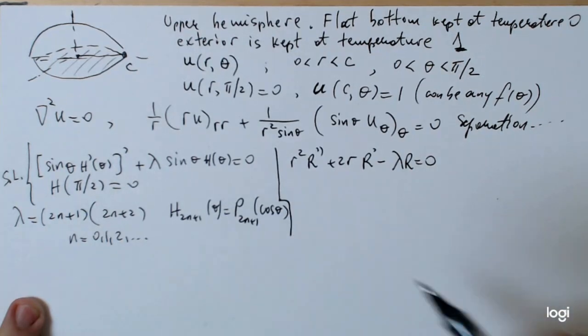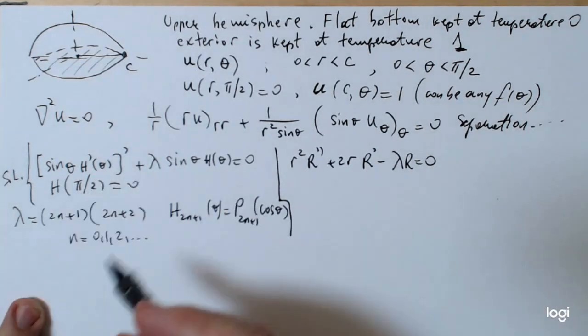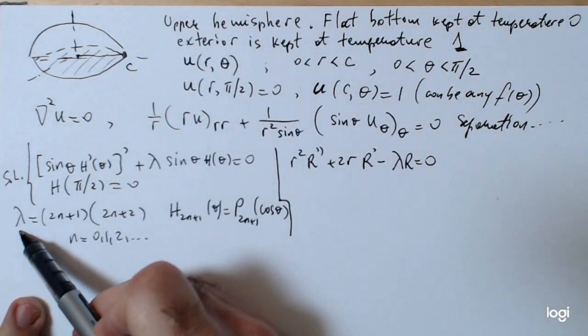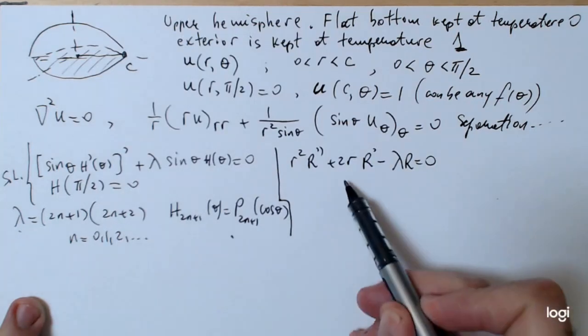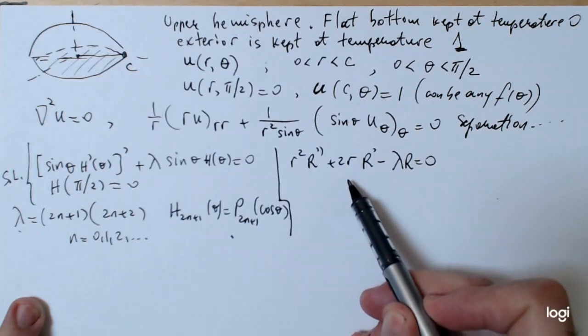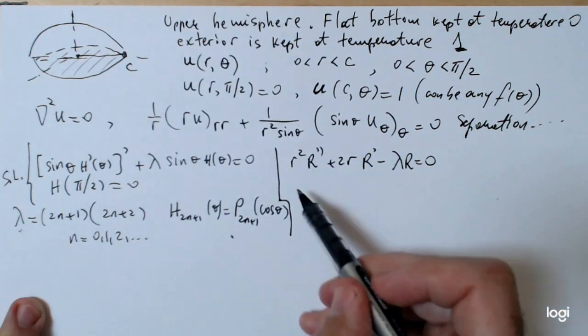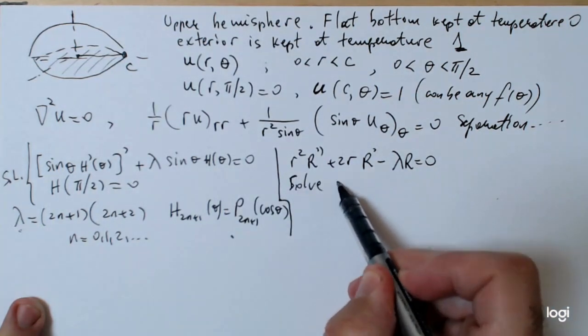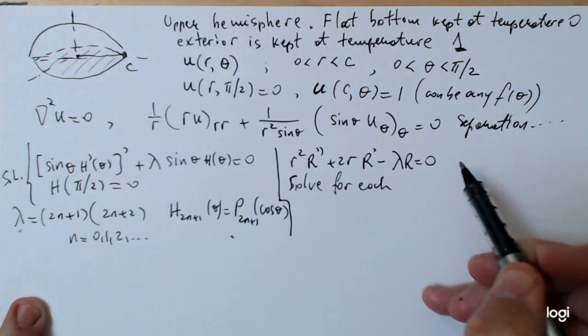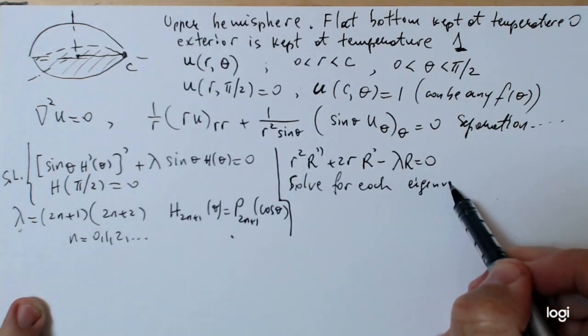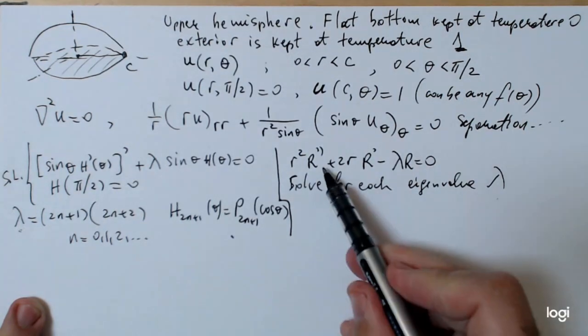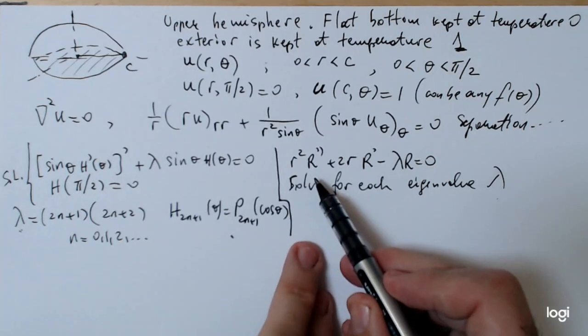What do we do with the method of separation of variables? Doesn't matter if we have Bessel function, Legendre equations, doesn't matter what type of Sturm-Liouville problem we have here. Once we identify the eigenvalues and the eigenfunctions, we solve the other equation, the other ODE, for each eigenvalue lambda. And then at this point, you can call the solution R 2n plus 1.